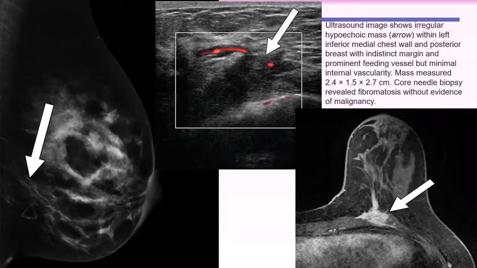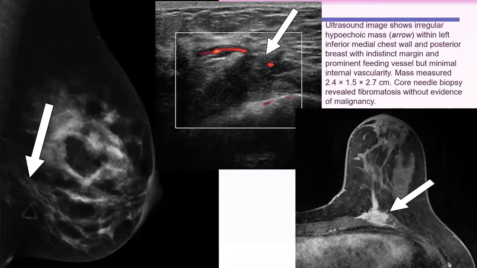Which one are you going to select? This is an aggressive type of lesion characterizing fibromatosis.